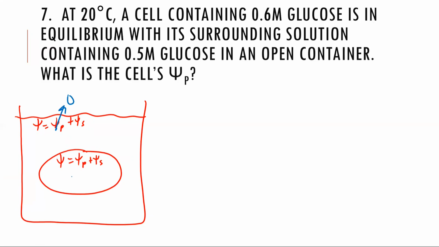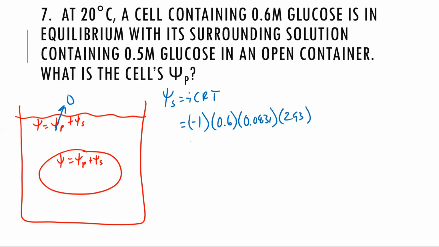And so now I'm going to have to do some math. Let's start with the cell, because that's what it gave us, right? And so the solute potential is -iCRT in the cell. Oops, didn't put the negative. This is glucose, so it's going to be -1. The concentration is 0.6. We have our pressure constant, and then we have our temperature of 293.